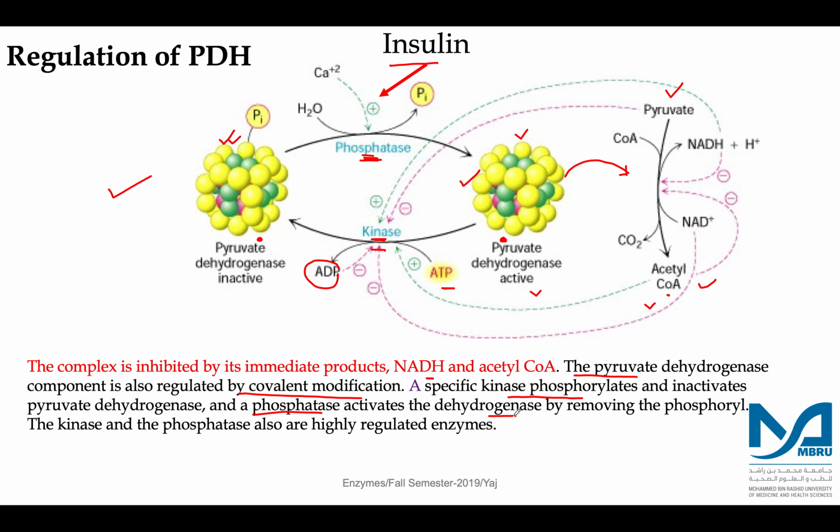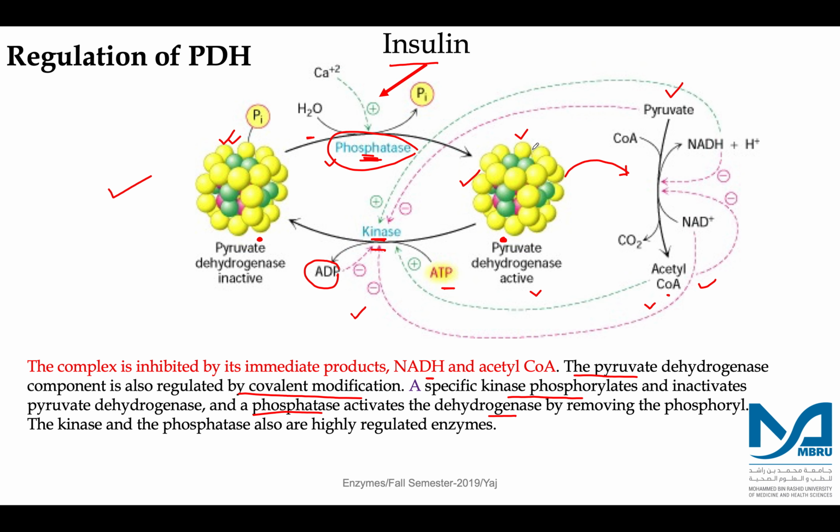So the kinase and the phosphatases are highly regulated enzymes. And I mentioned here what are the conditions that activate the phosphatase and what are the conditions that activate the kinase. Insulin activates the phosphatase, and once the phosphatase is activated, it catalyzes a hydrolysis reaction by which inactive pyruvate dehydrogenase is converted to active pyruvate dehydrogenase.